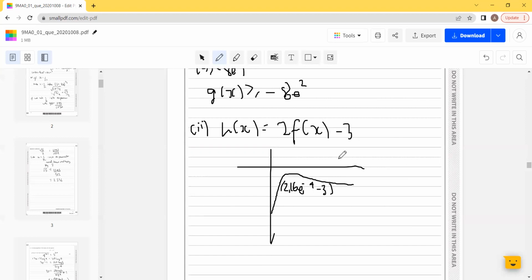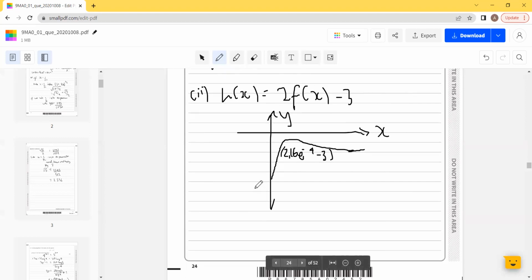So let's go ahead and try and do that, and find where it's equal to 0.